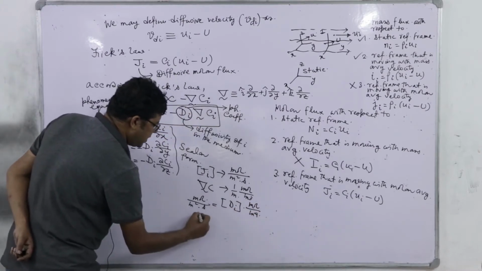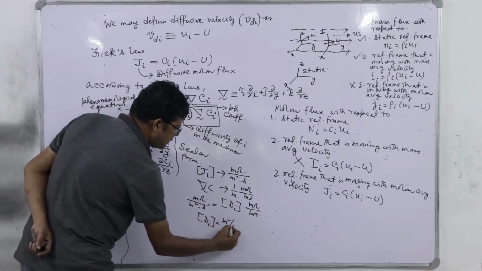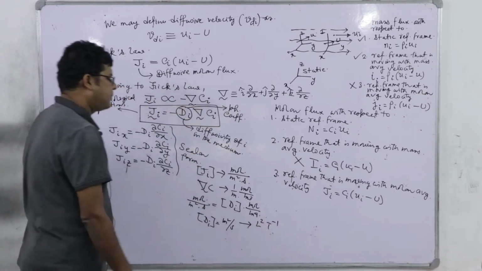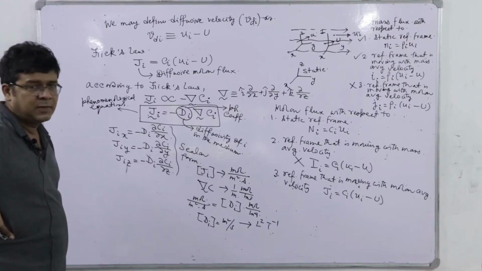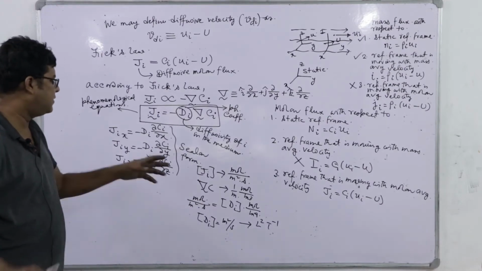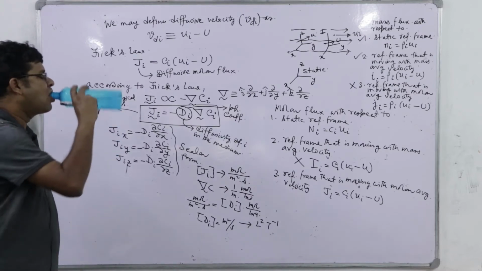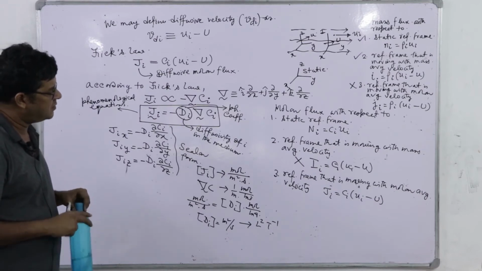Obviously, we get that Di is meter square per second, or in general L square t to the power minus 1. So, in SI its unit will be meter square per second and its dimension will be L square t to the power minus 1, where L and t represent the length and time dimensions individually.